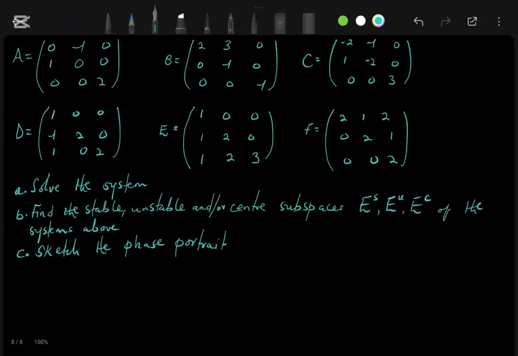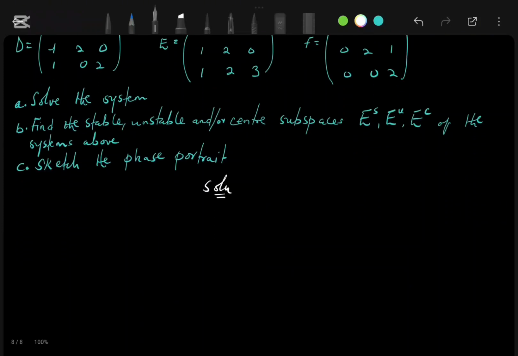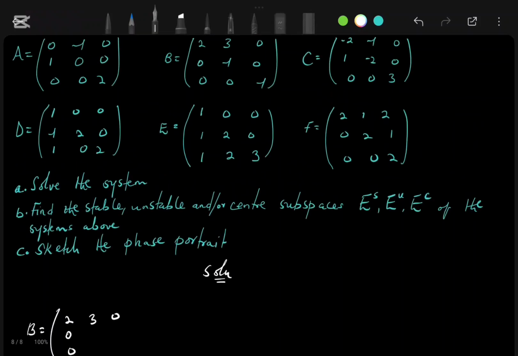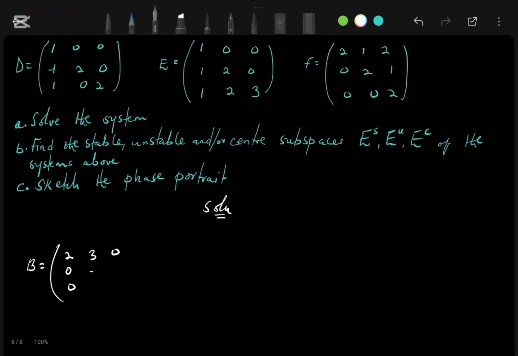All these kinds of matrices simplify your calculations. Considering matrix B, we have 2, 3, 0, 0, 0. We have -1, 0, 0, -1.